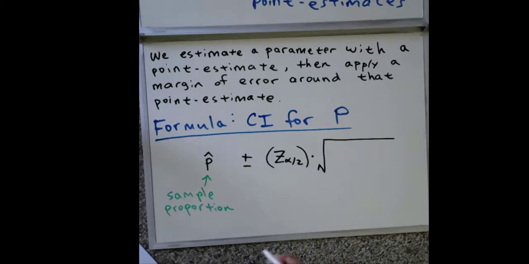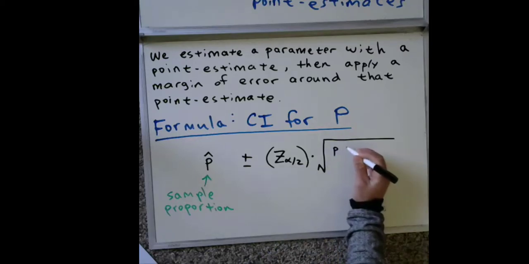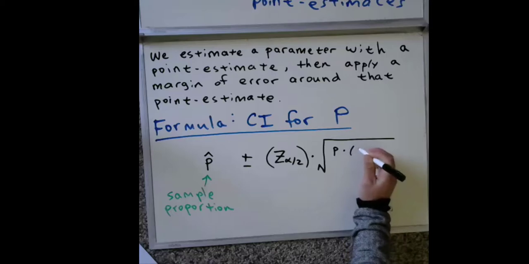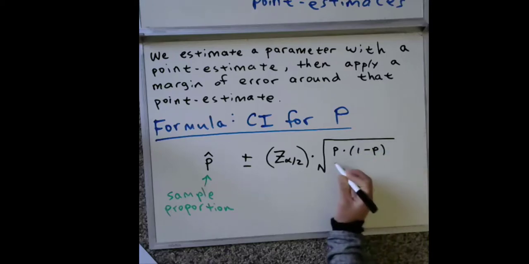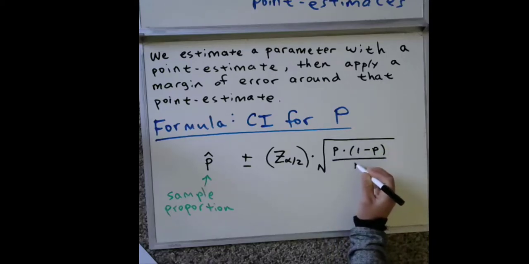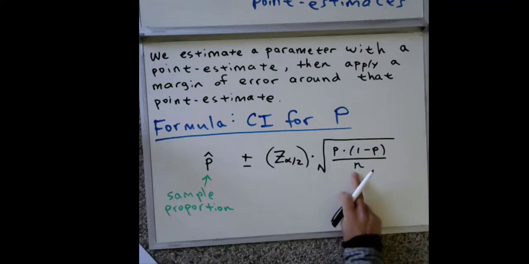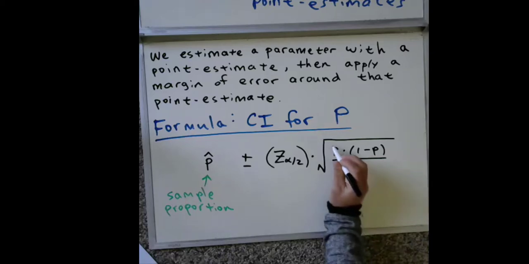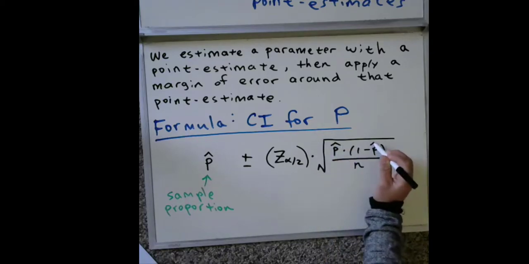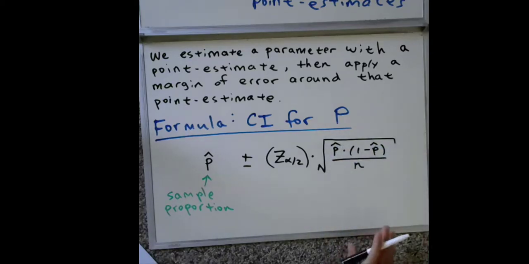The standard error here we saw in the previous videos. It is P times 1 minus P over N. However, that was the way we saw it in the previous video, but here we need to replace P with the sample version, and that is all in the square root.